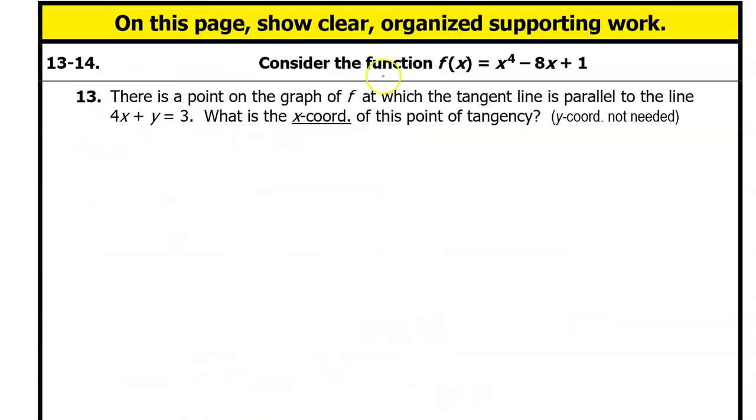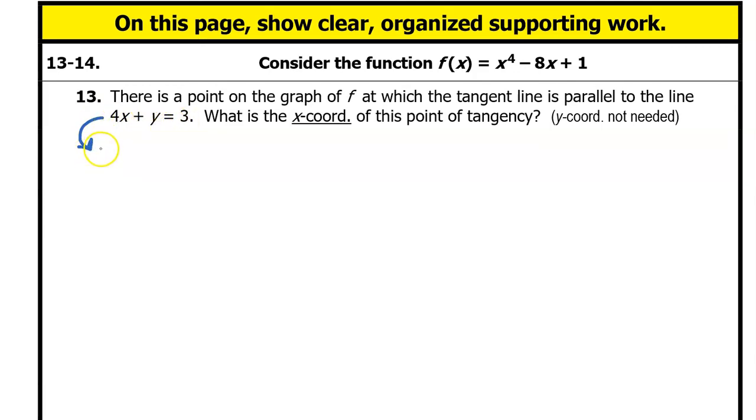For number 13, we consider the function f of x equals x to the fourth power minus 8x plus 1. There is a point on the graph of f at which the tangent line is parallel to the line 4x plus y equals 3. What is the x-coordinate of this point of tangency? So let's start by finding the slope of this tangent line by rewriting this in y equals mx plus b form.